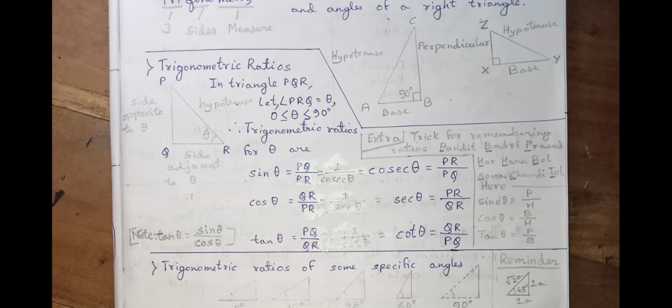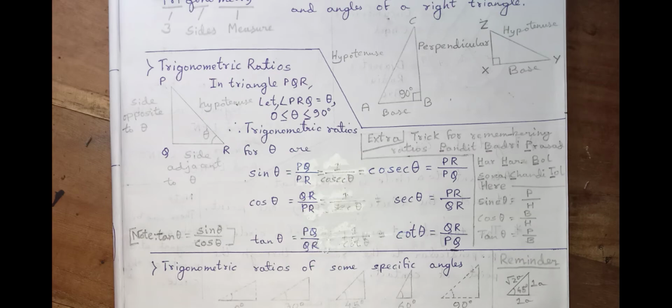And whereas the letter B, cos theta equals B by H, the letter B indicates side adjacent and H is obviously hypotenuse. In this way, the statement Pandit Badri Prasad Har Bol helps you remember all the ratios. Why?